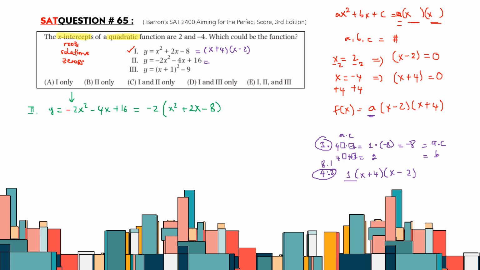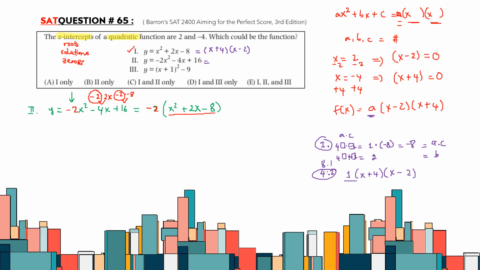Because -4x is -2 times 2x, and -2 times -8 is 16.